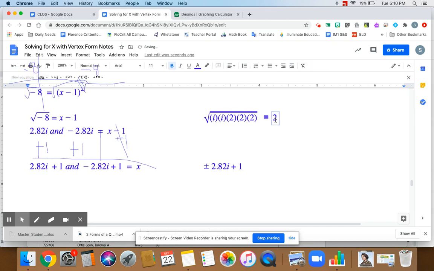So 2 of the 2's can come out front, the i can come out front, and the square root of 2 still in there. And then it would have been the plus and negative version.